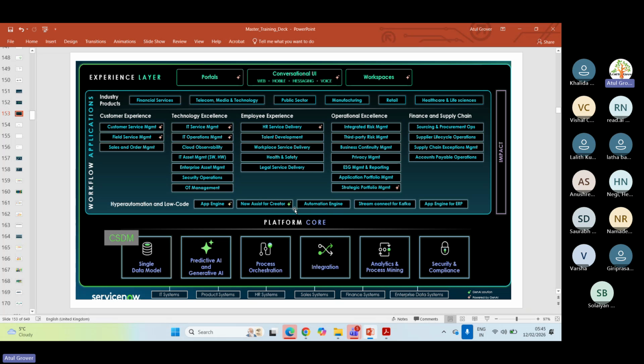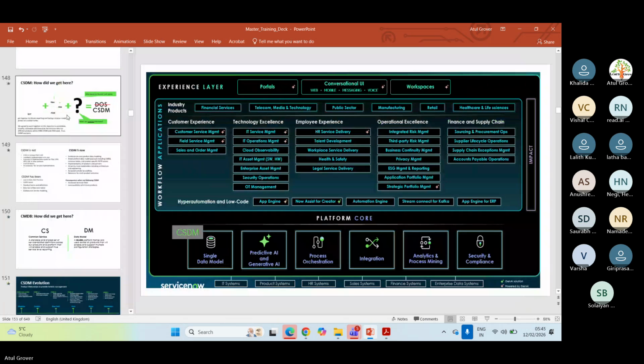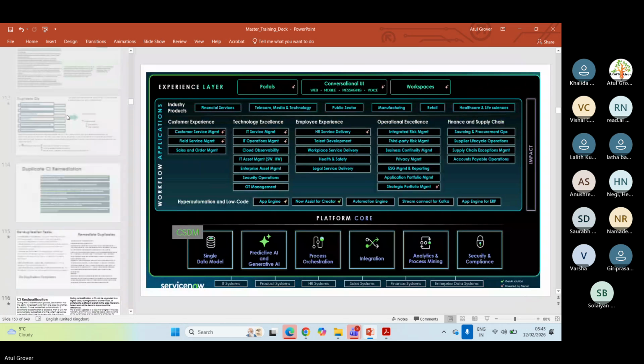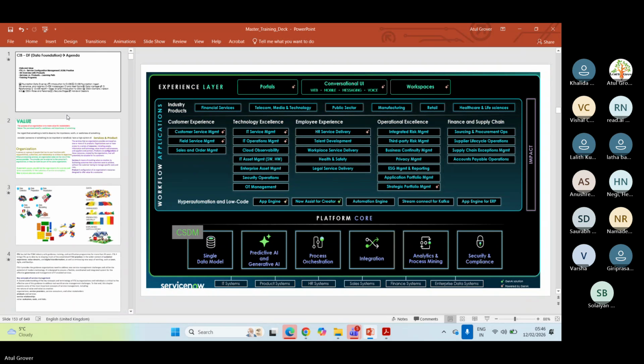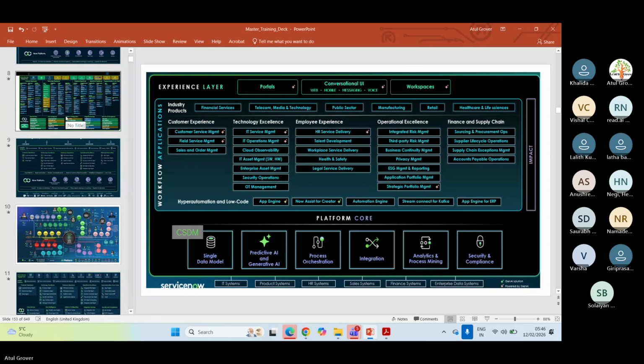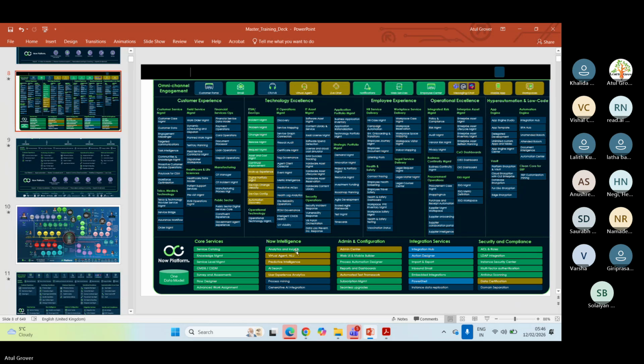Where does it fit in the overall platform? We saw a similar image earlier, where ServiceNow products are shown. I'm referring to this one. This is your CSDM.